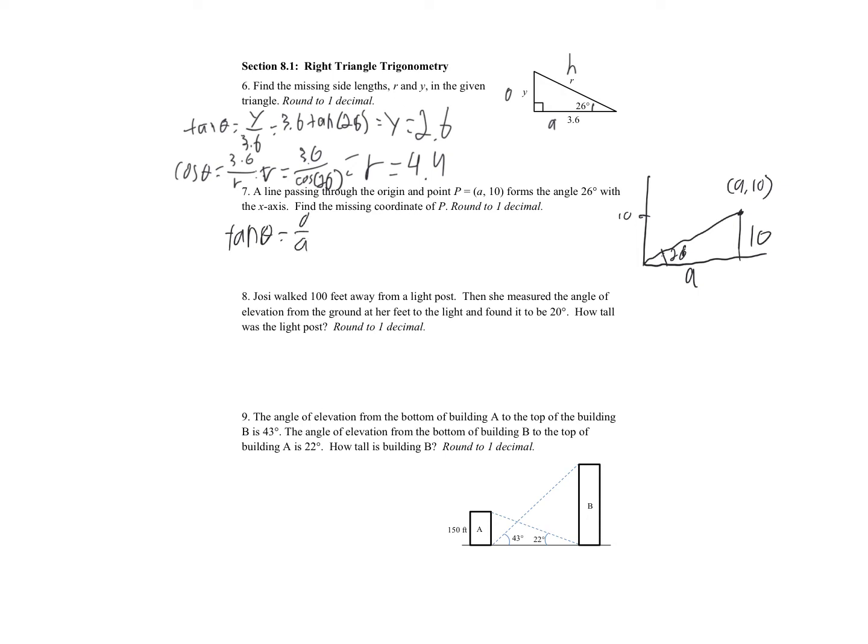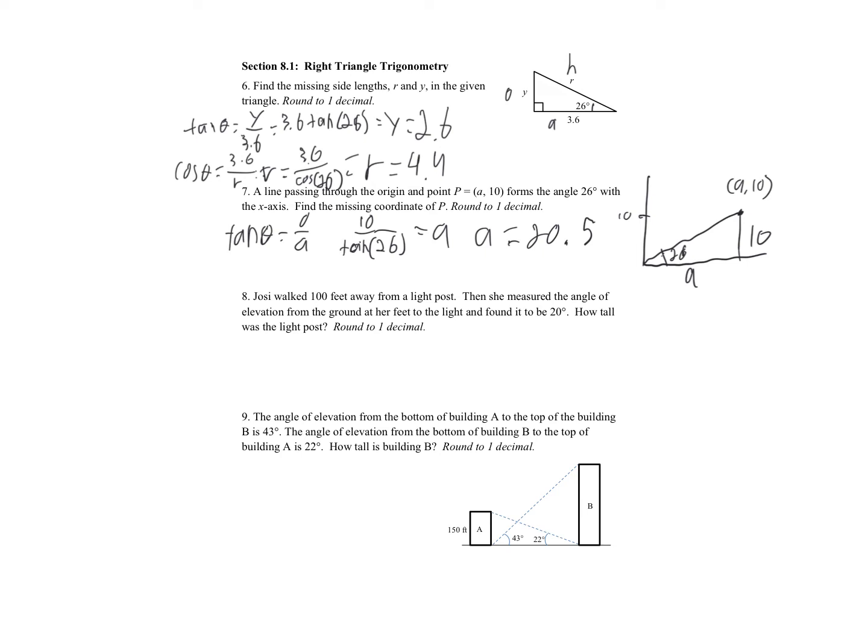We know our opposite side, so we'd have the opposite side of 10 with the tangent of our angle 26 degrees, and that'd be equal to A. So we type that into our calculator. A would have a value of 20.5.